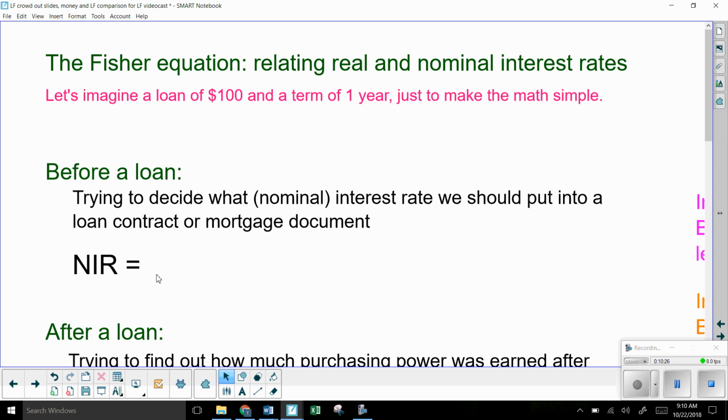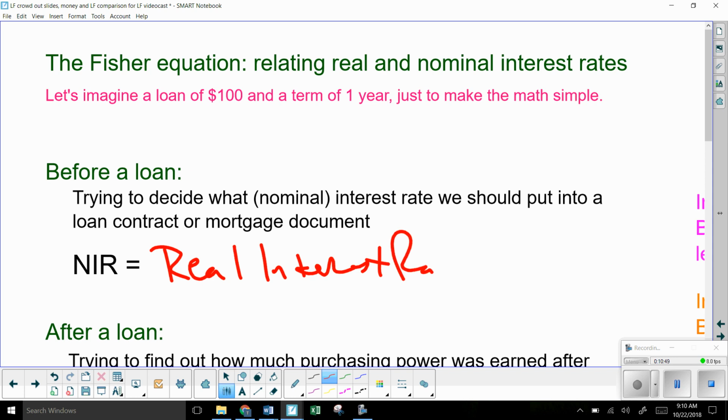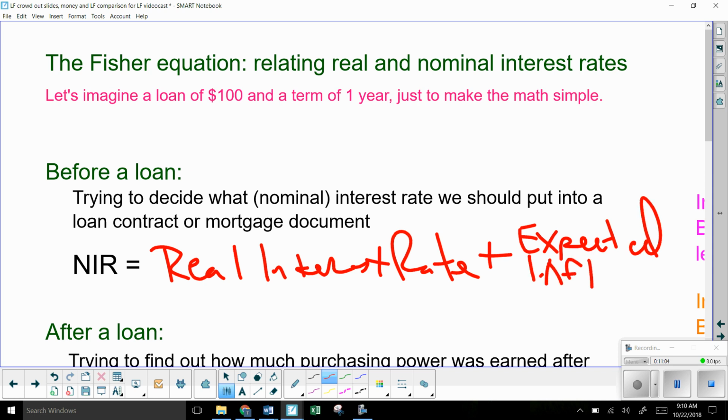And then another part of it is I'm trying to figure out how much prices will increase over that year. And I don't know precisely how much prices will increase from right now to a year from now, but I have to take a guess. And so the big idea that we're shooting for here is the notion that I'm going to say, how much should I increase my purchasing power because I'm giving you my liquidity, and then I need to add to it whatever I think will be the rate of increase in prices.